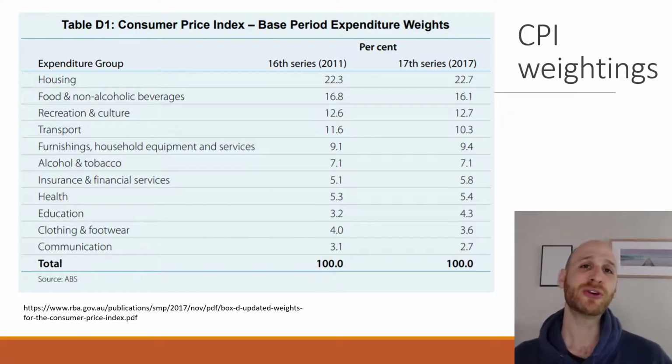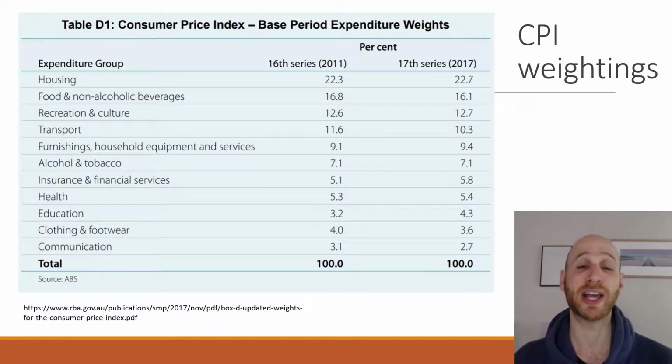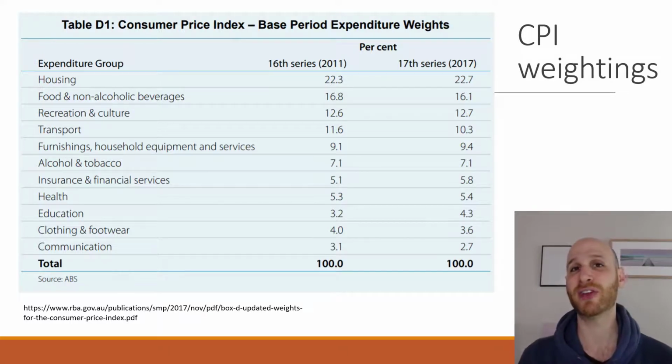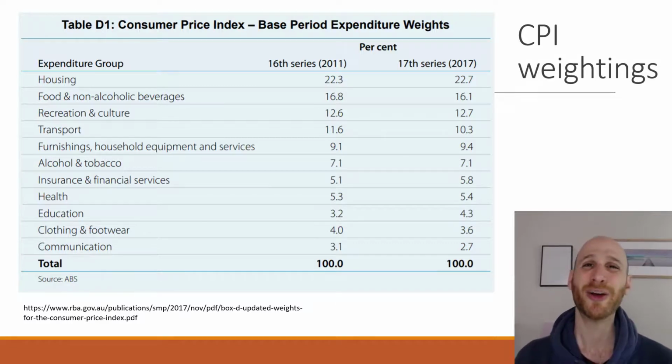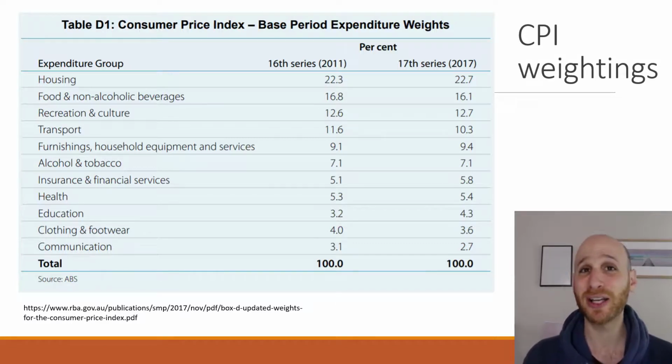If we look at this idea of the weightings, here is an example from the Reserve Bank of Australia looking at how things are weighted in the CPI. This is from 2017, so depending on when you're watching it, it could be wildly out of date, but you'll get the idea. What I'd like you to do is focus on this column here.